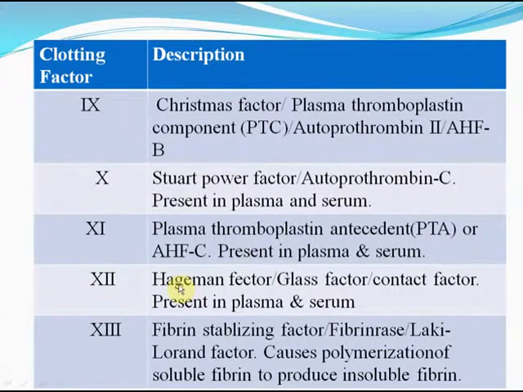12th coagulation factor is Hageman factor, whose deficiency results in a prolongation of clotting time of venous blood. 13th factor is fibrin stabilizing factor, which helps in the clotting of blood.